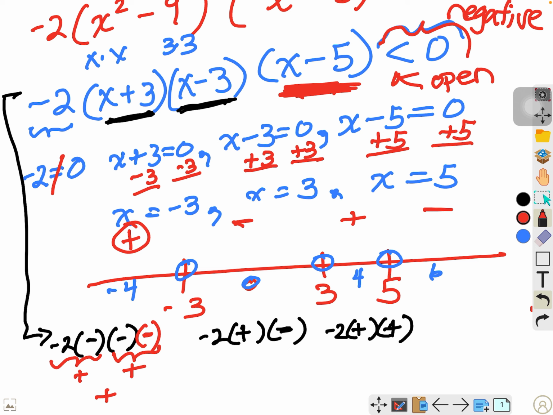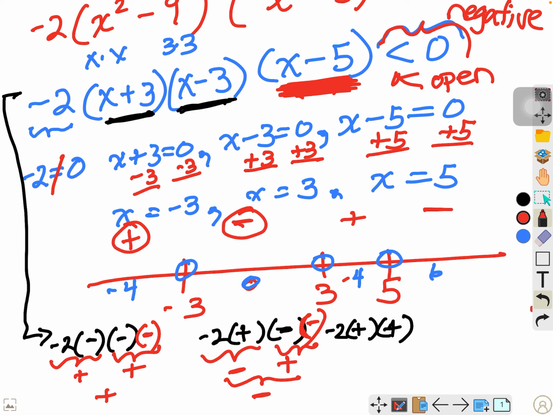Let's test our 0. Let's plug it in here. 0, take away 5. It's going to give us a negative. So here, negative times negative is a positive. Negative times positive is negative. So this region is indeed negative.